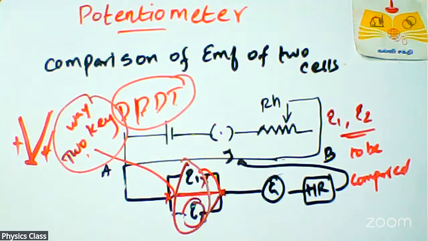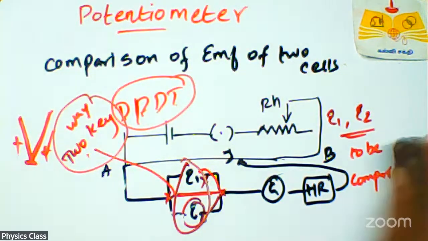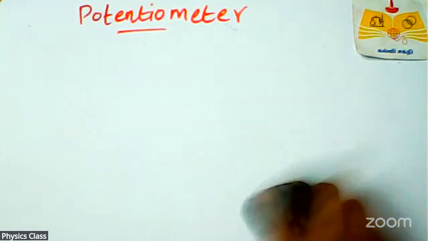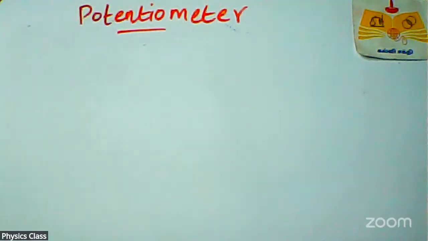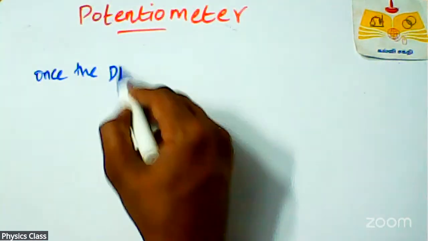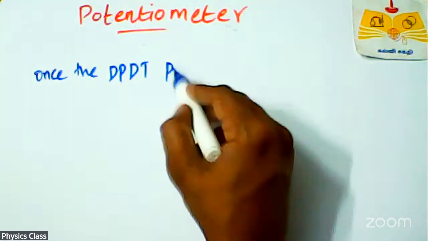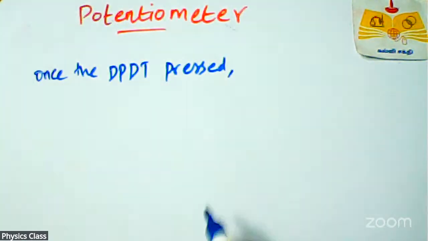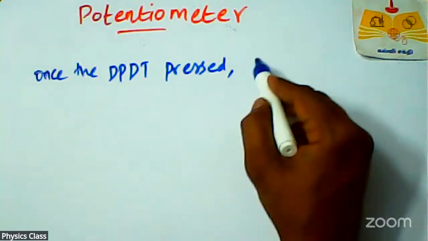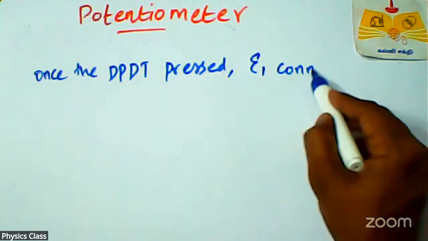So once the DPT switch is pressed, one EMF, that is E1, is connected for the first time.